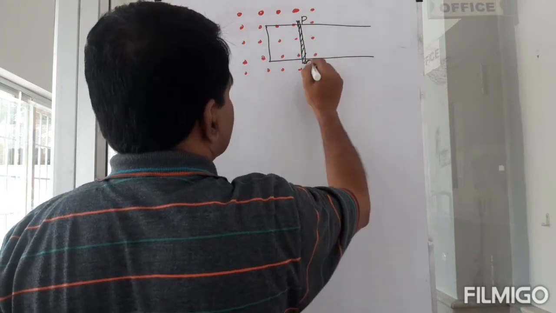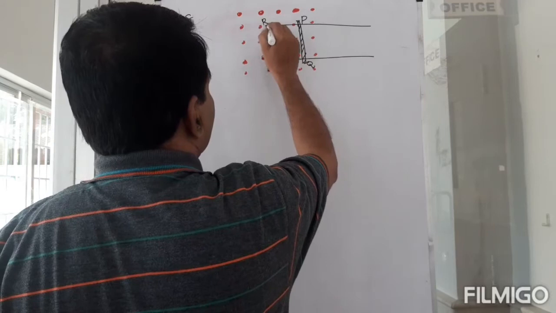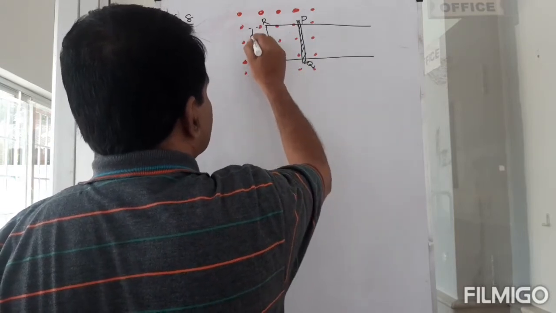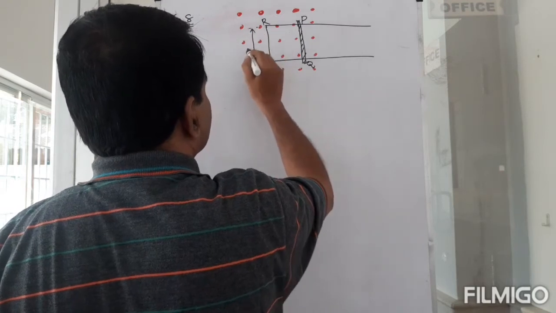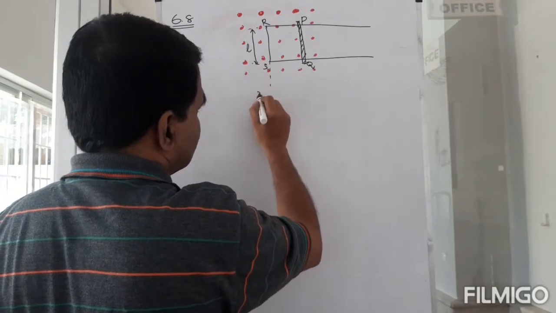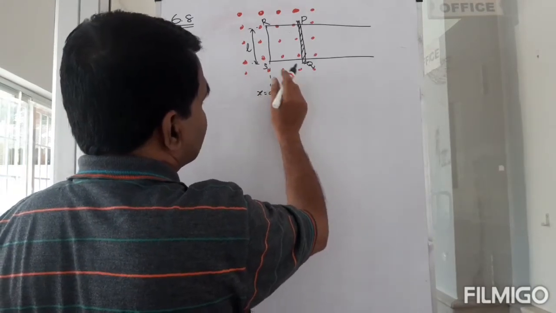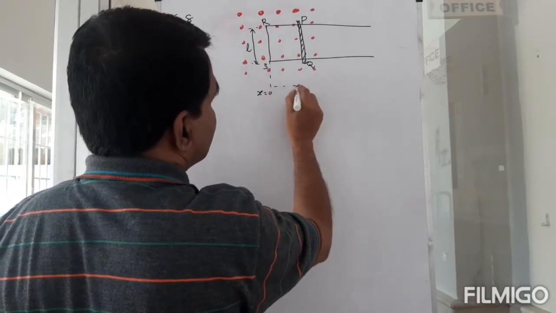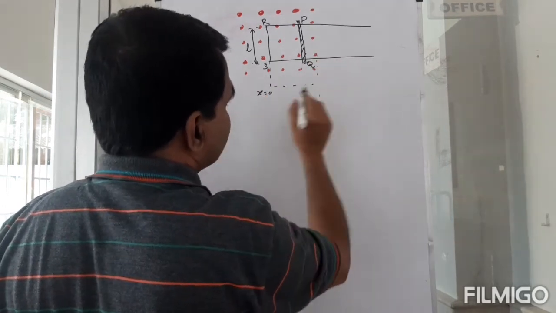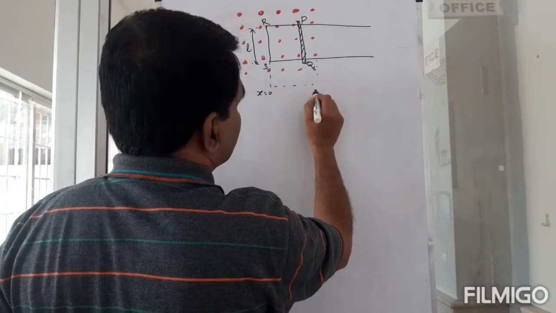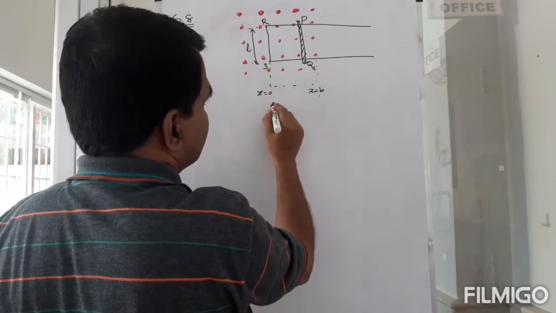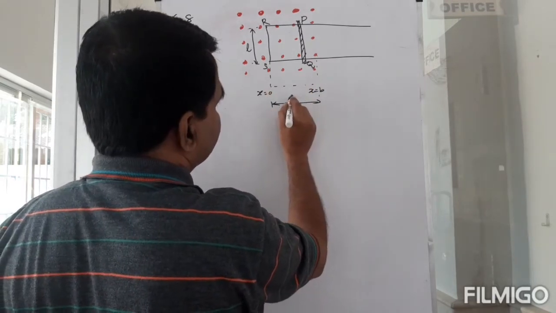So this is P, this is Q, and R, S, and this length is L. Anyway, this is x equal to 0, and the field extends from this position to x equal to b, that's the distance b.